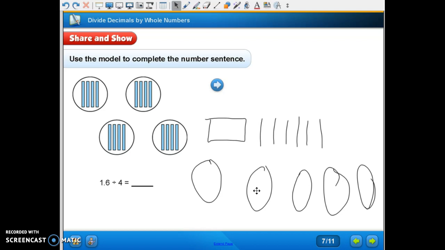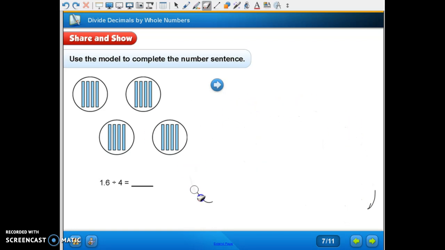We couldn't take those 2 wholes and make them go into 4 different places, right? So what are we going to need to do with this model? This does look different. This is your answer.